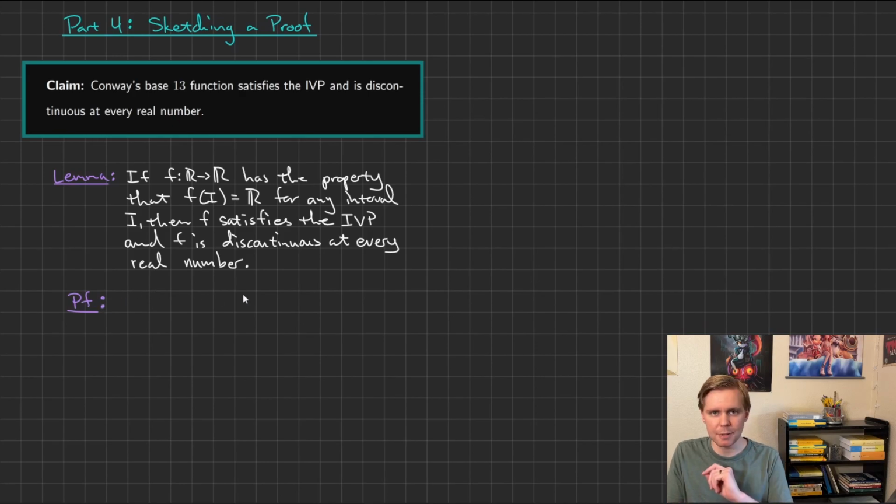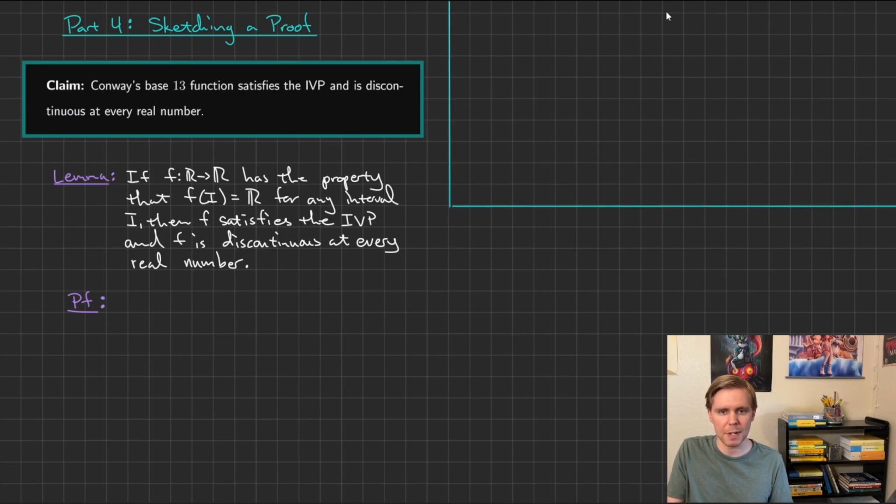So there are two things that we need to prove. The first thing we need to show is that it satisfies the intermediate value property. So let's go ahead and make some notes up here, kind of section off a space. So the first thing that we need to show is that f satisfies the intermediate value property. So how do we do that? Well, if we just think about the picture, it is not too difficult.